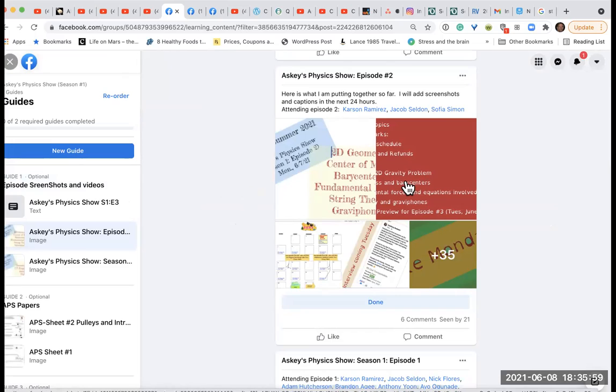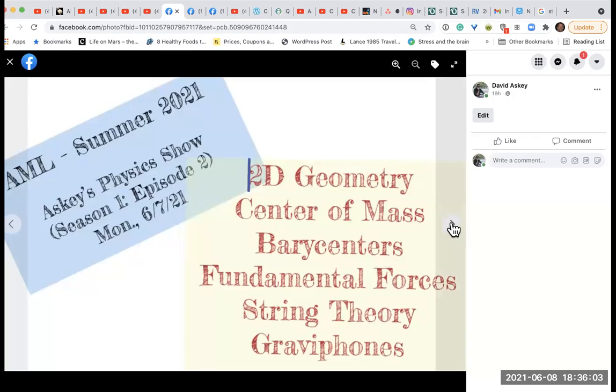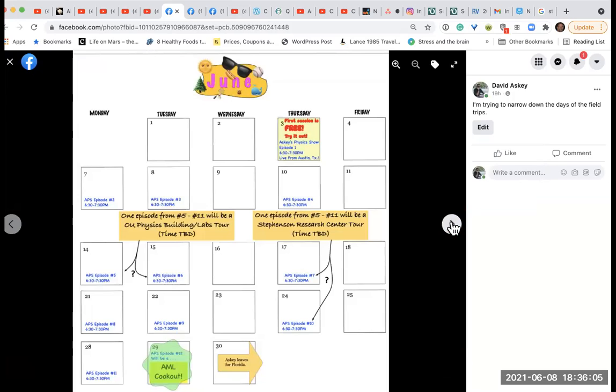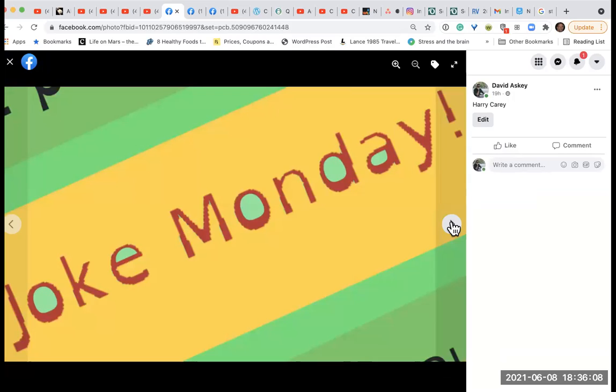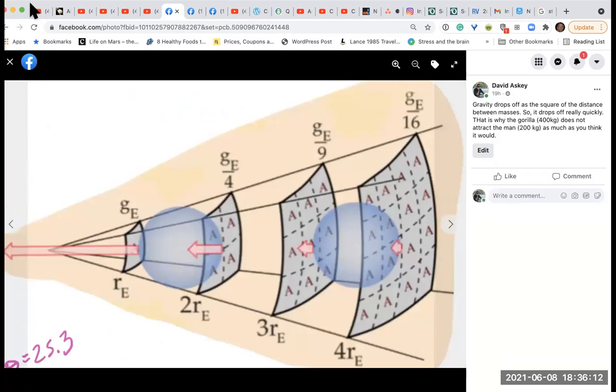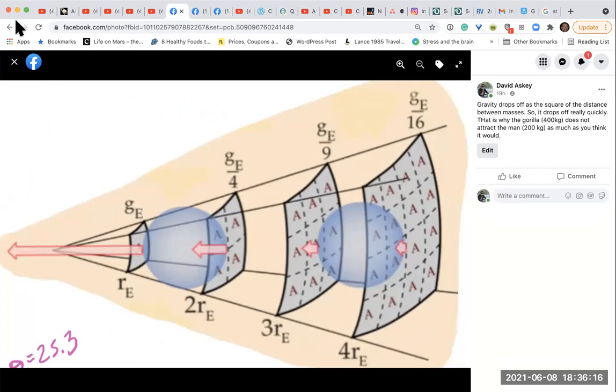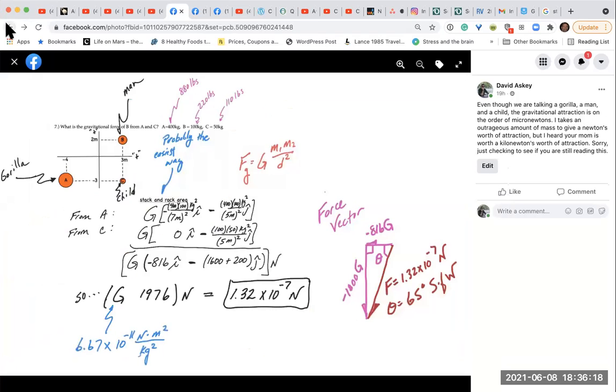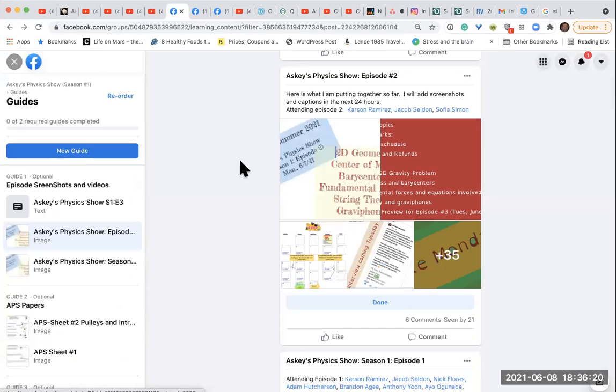But once again, I'm not just talking to you guys, but you can find there's captions for all these. If it's important enough, there's a calendar of what's coming up. We did a joke Monday, talks about a little bit of stuff we did that day. So if we go too fast on something, you can always tell me to hold up, but eventually you'll find it on the screenshots.